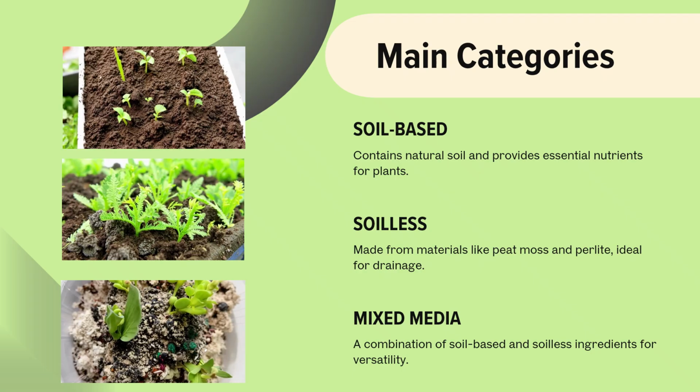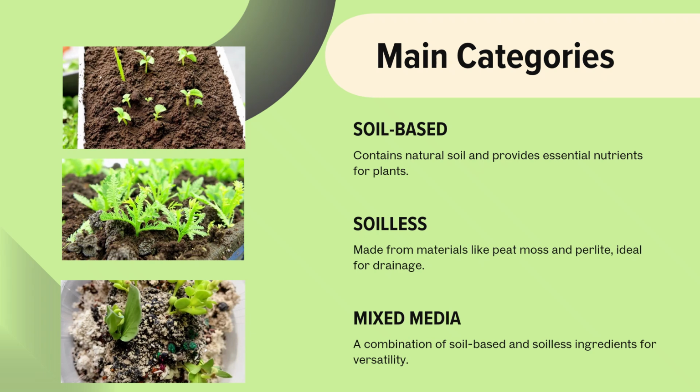So here's another exciting part. Maybe all your life, the only growing media you knew of was soil. Thanks to modern technology, and thanks to people learning and studying, there are different ways of growing plants with and without soil.